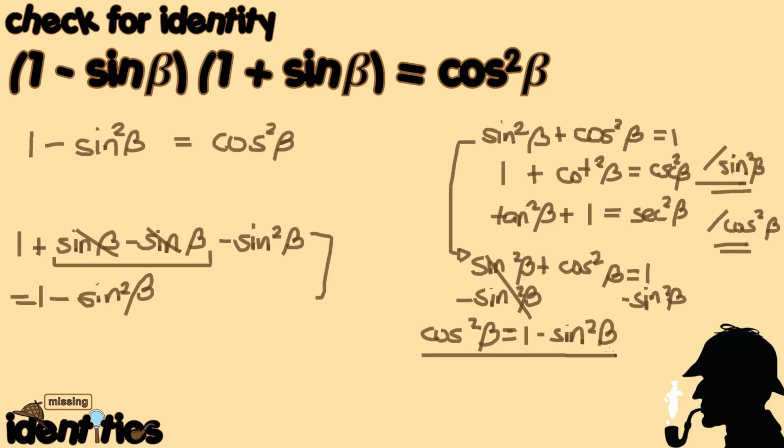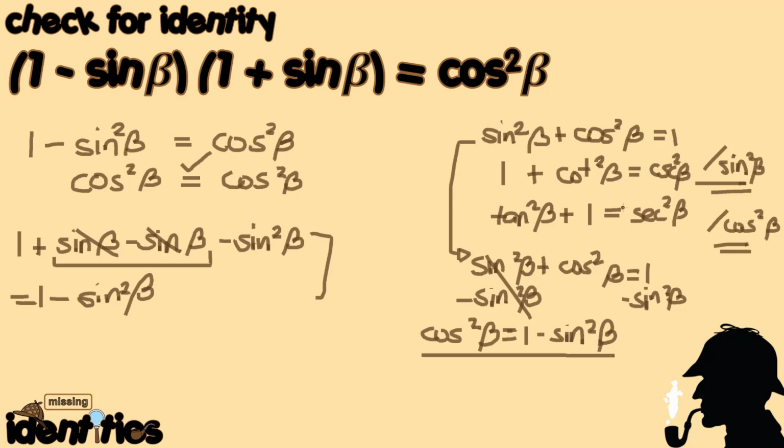This is another identity of cosine squared beta, which is this form here. Then we can write now 1 minus sine squared beta is cosine squared beta, equal to cosine squared beta here as well. We now have shown that both sides of the equation are the same. In short, the given case is an identity.